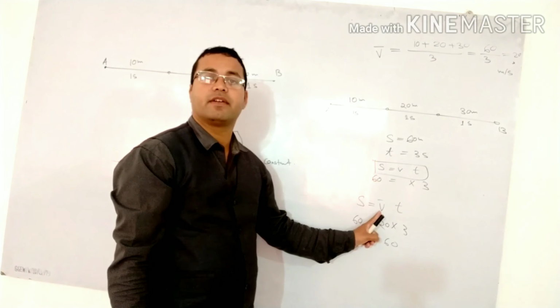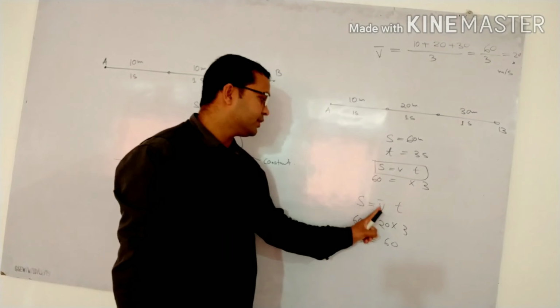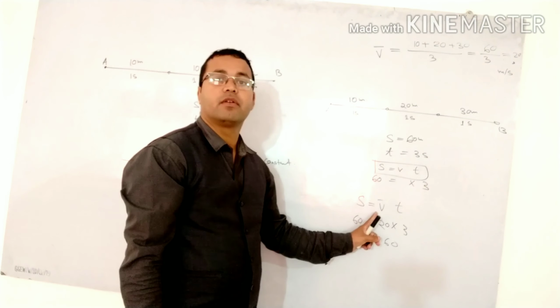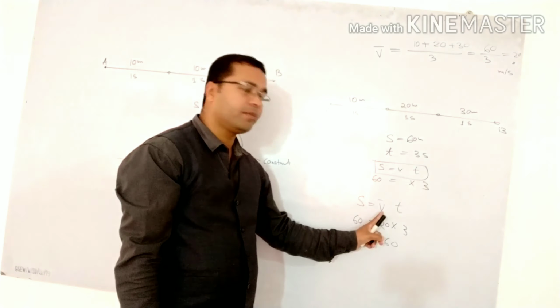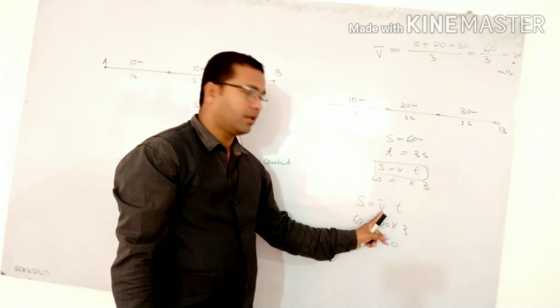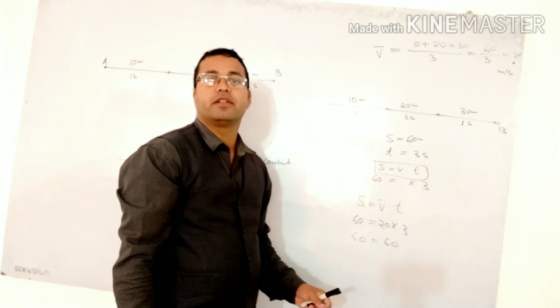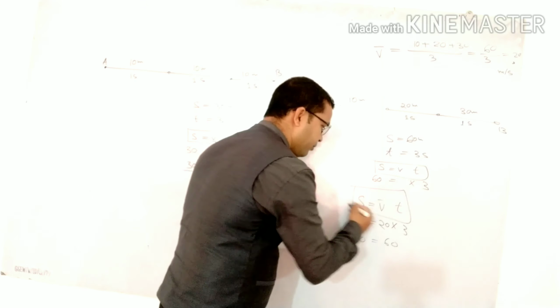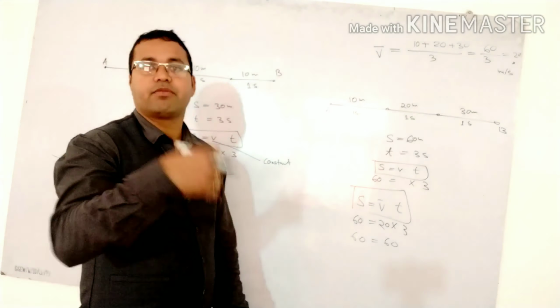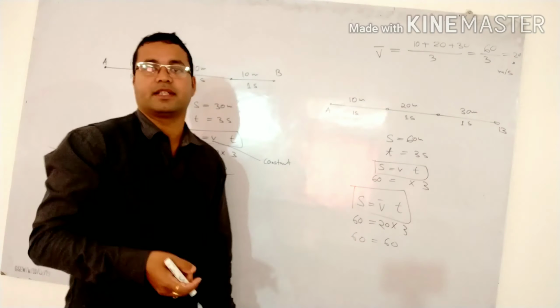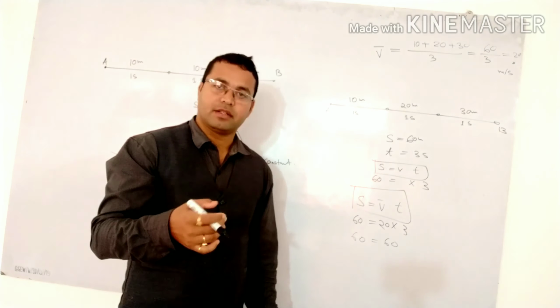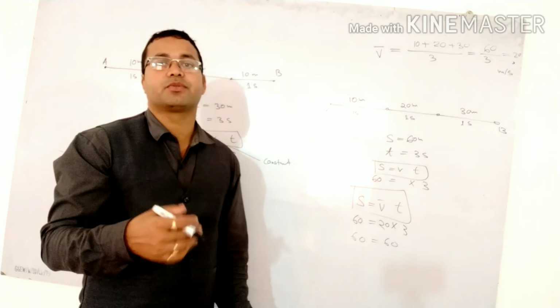So this equation can be used for non-uniform velocity. But v bar means average. If I put the value of the average, then the formula will be a little bit complicated and different. So I will modify this formula. Then we will get three formulas: v is equal to u plus at, s is equal to ut plus half of at square, and the third one is v square is equal to u square plus 2as.